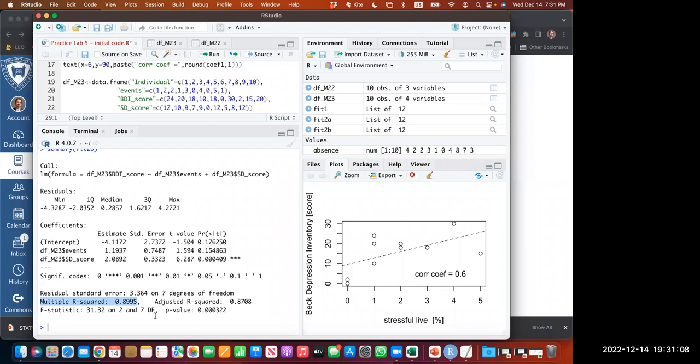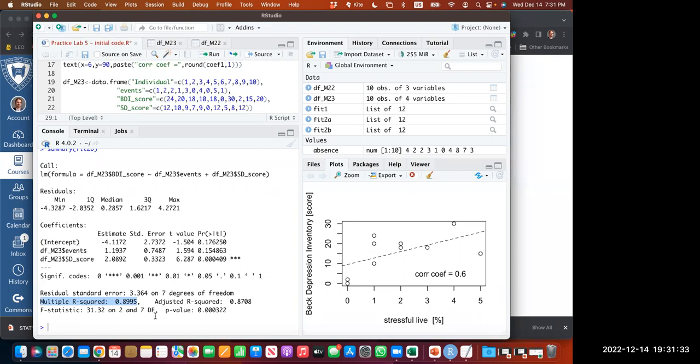The multiple R squared is calculating the R squared in exactly the same fashion as we have calculated in Excel. So we have a total variability, we have a residual variability, we have this explained variability, and now the explained variability as a proportion of the total variability gets us the multiple R squared, the regular R squared.